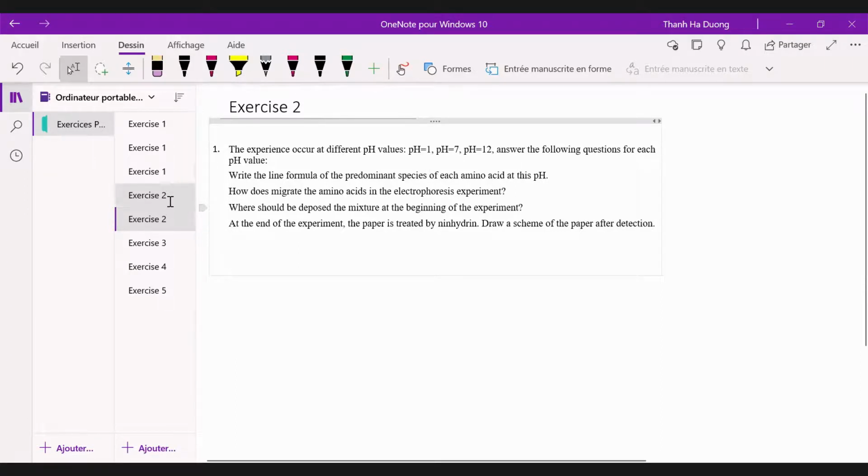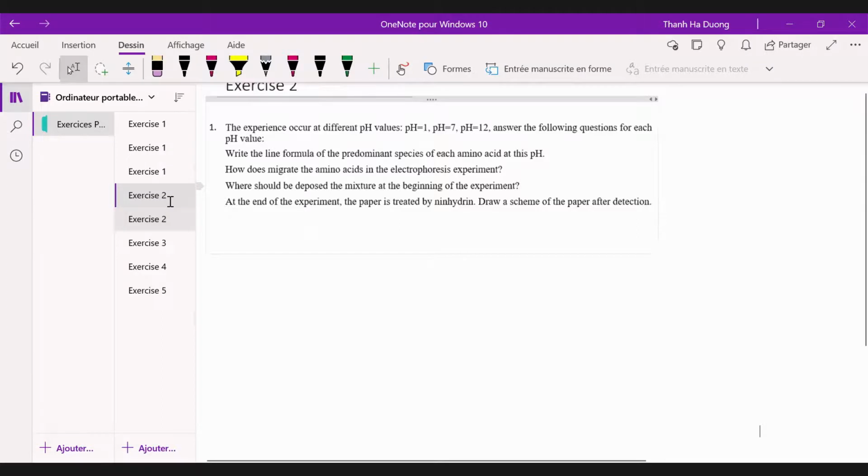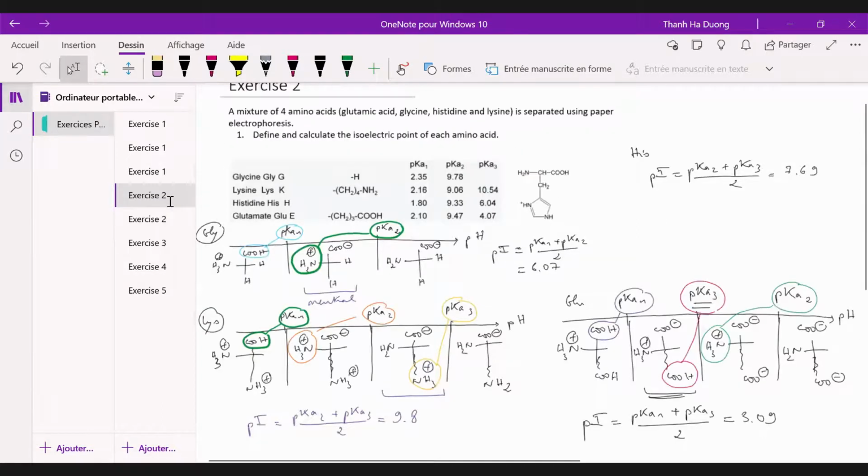So at pH 7, glycine is neutral. Lysine at pH 7 is here, so it means that lysine will be positively charged.